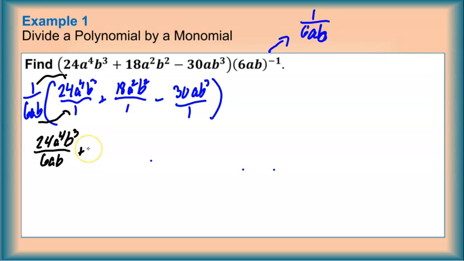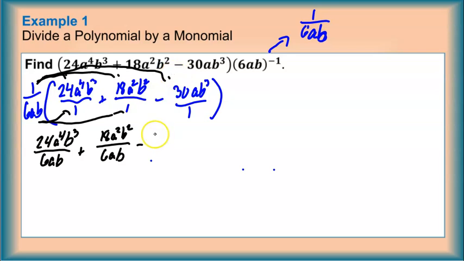And then I have plus 1 times 18a squared b squared, which is 18a squared b squared, divided by 6ab times 1, which is 6ab, then minus 1 times 30ab cubed all over 6ab times 1, which is 6ab. Now that we've gotten rid of our parentheses, we just simplify each part.